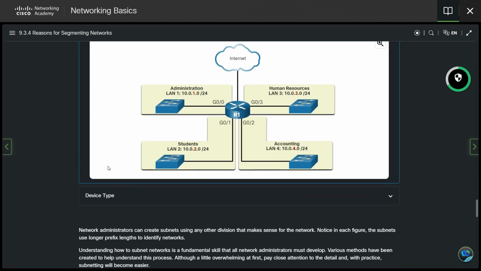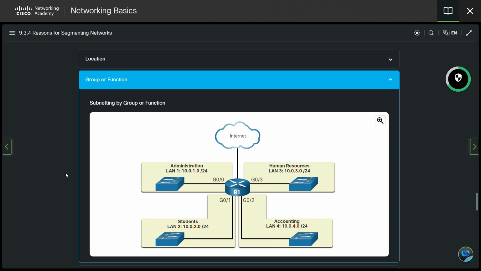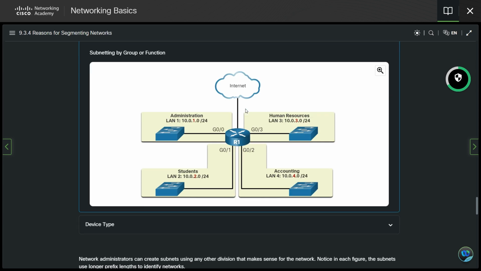The next tab is group or functions, subnetting by group or functions. In this case, the router is connected to four LANs. The first is on port GigabitEthernet 0/0 for the administration LAN 1 with this IP address.